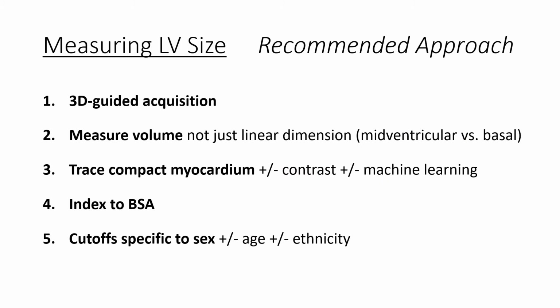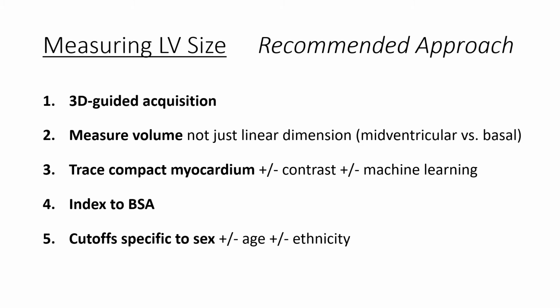So to summarize the recommendations for measuring LV size, the first recommendation is to use a 3D guided acquisition, either volumetric or simply 3D guided triplane. The second recommendation is to measure a volume, not just a linear dimension. The third recommendation is to trace along the compact myocardium and to use contrast if needed to visualize that compact myocardium.